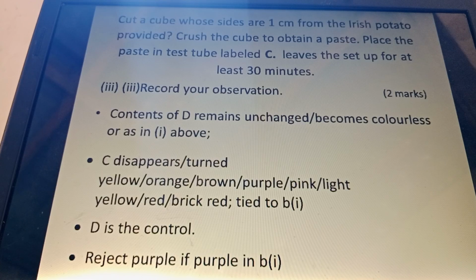C disappears, or turned yellow, orange, brown, purple, pink, light yellow, brick red, as in B1. D is the control. Reject purple if purple in B1. So you don't mark purple here if the answer given to B1 was purple.